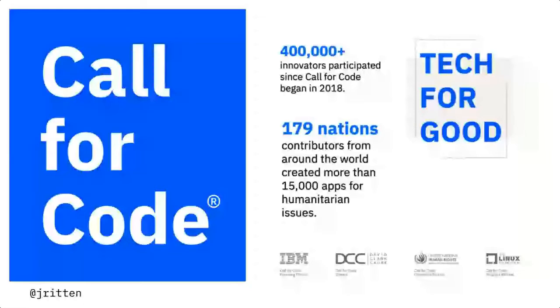Call for Code is our global Tech for Good challenge. It started in 2018. Since then, we've had over 400,000 innovators participate, creating projects and innovative solutions, contributing from over 170 nations around the world.